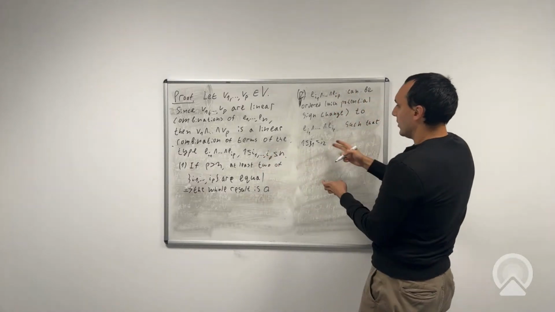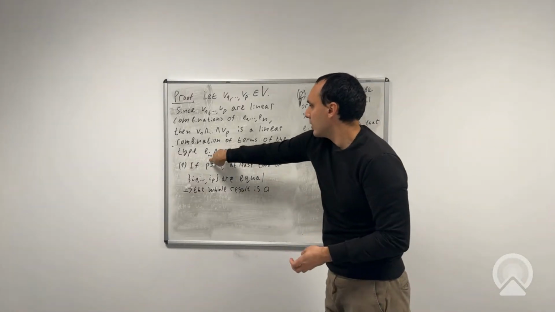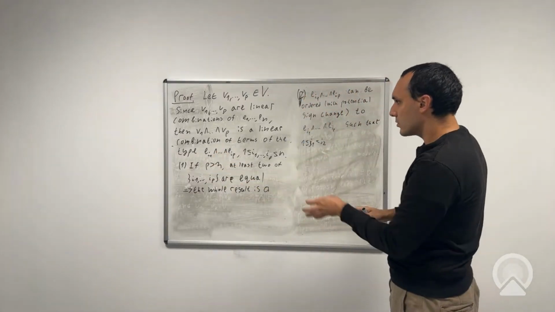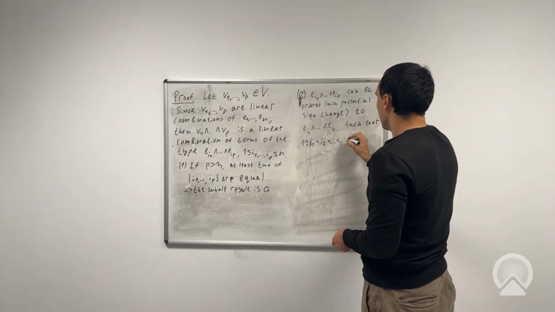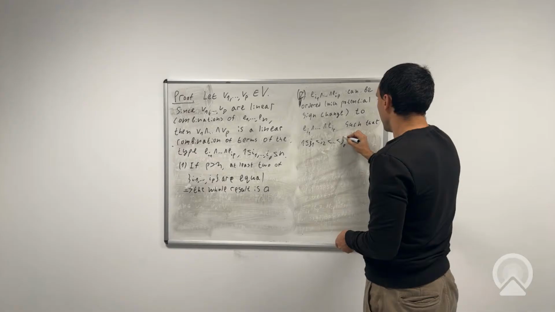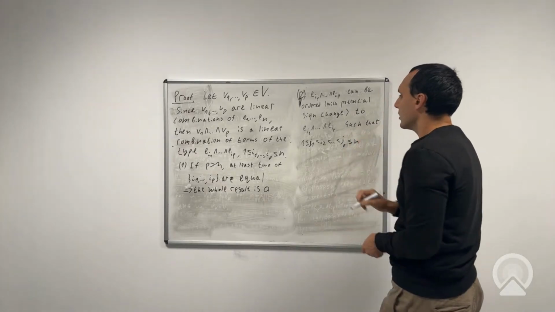In theory it can be that some of them are equal if they have equal indices, but then the whole result is 0, so I have assumed that we are in the non-zero case, and JP is at most n.